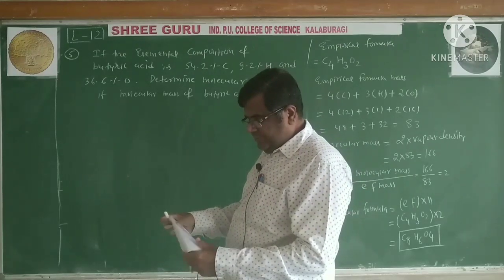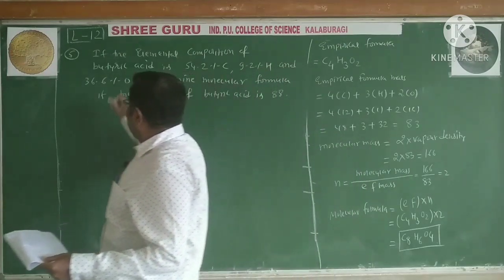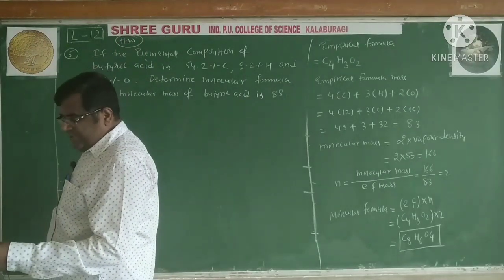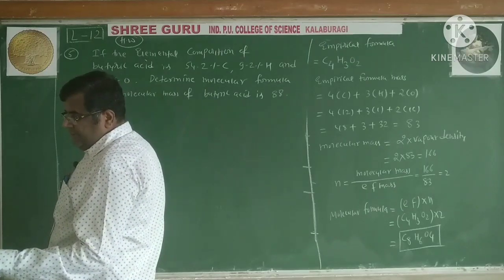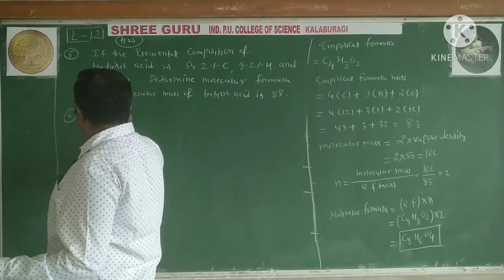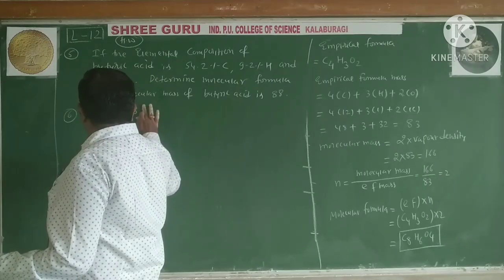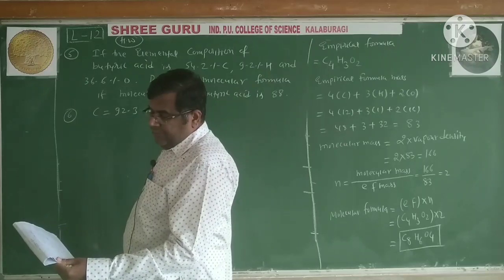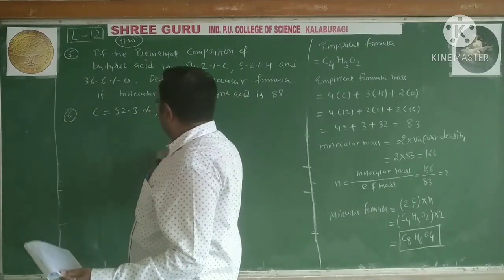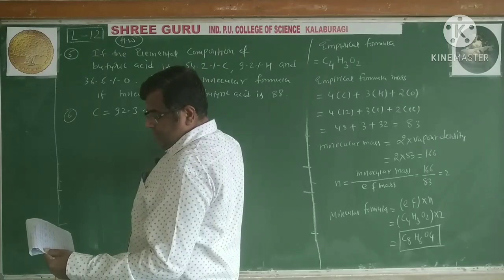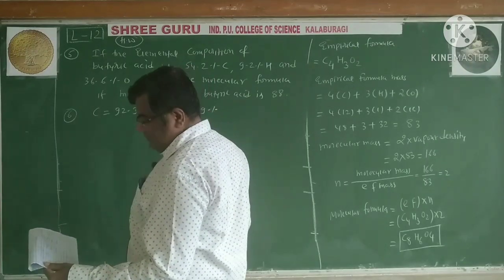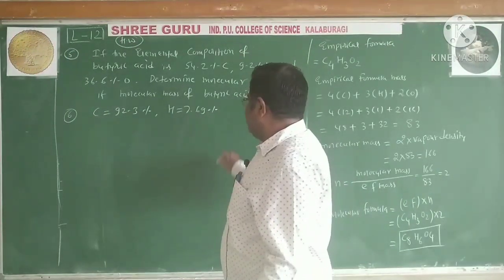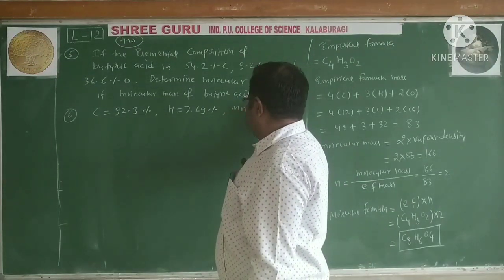See the next one. These are all homework. Question number 6. Carbon 92.3%, hydrogen 7.69%, molecular mass 78.